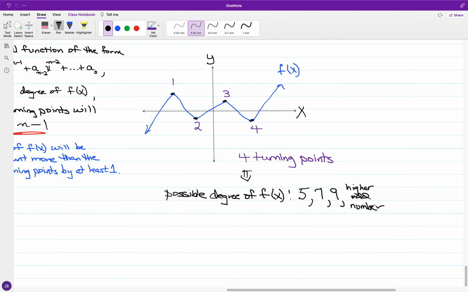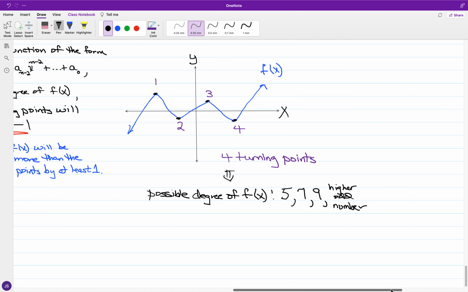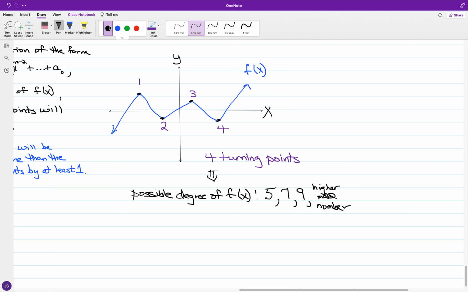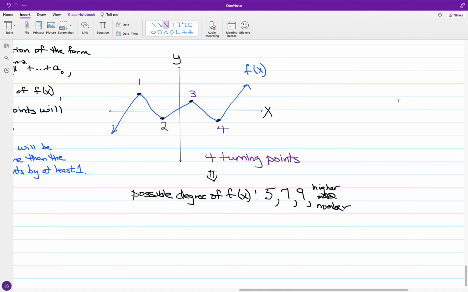So it's going to be an odd difference between the degree of the function and the number of turning points.